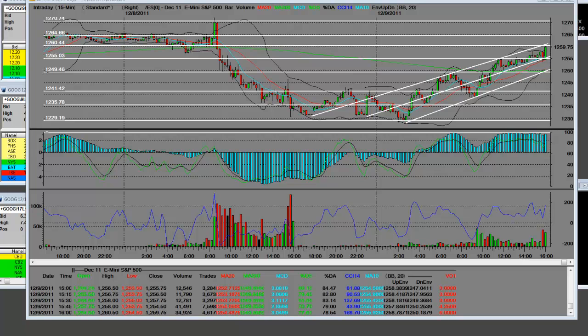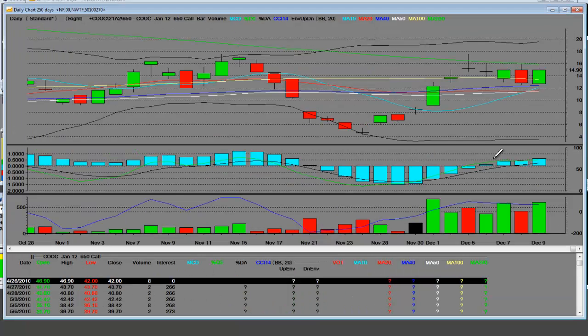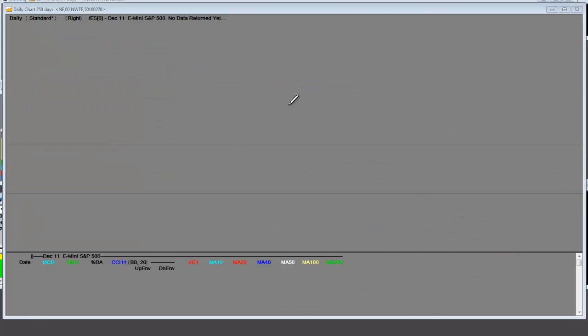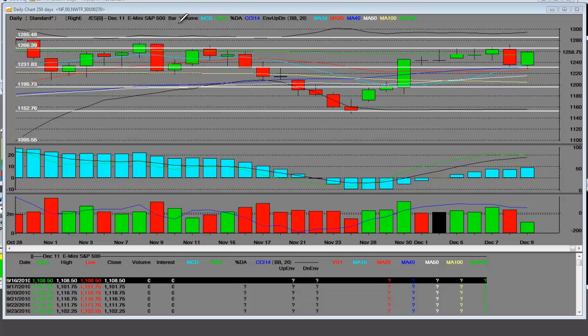If I were to take a daily chart, which I'm going to put right here, and I take the futures contract and throw it in here, here is your E-mini S&P 500. 200-day moving average, you're closing above it. Now, having said that, that's what the futures did. They closed above their 200-day simple moving average on that December contract.